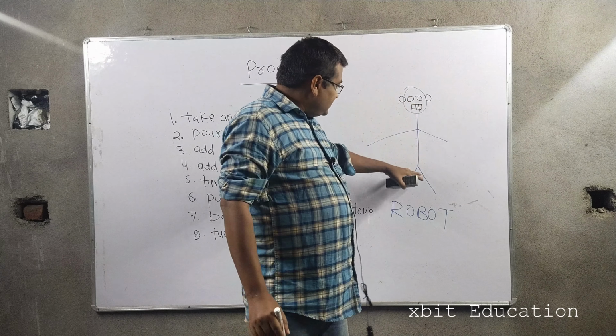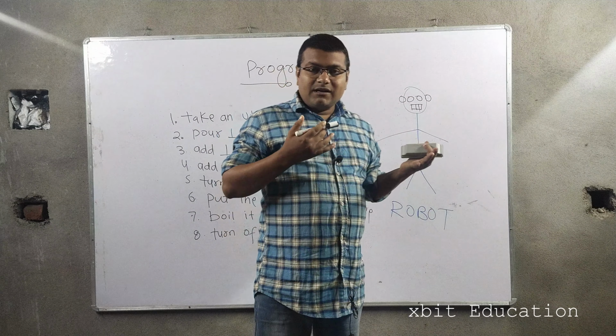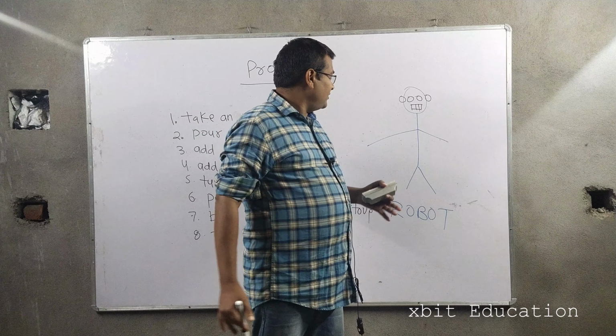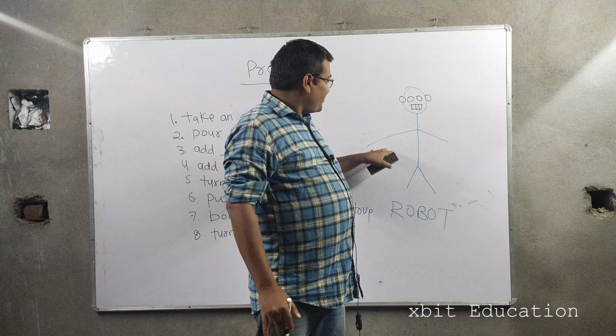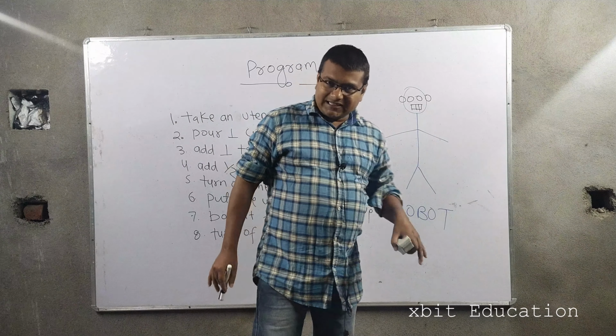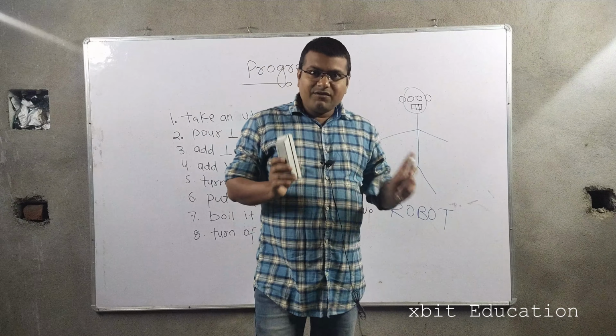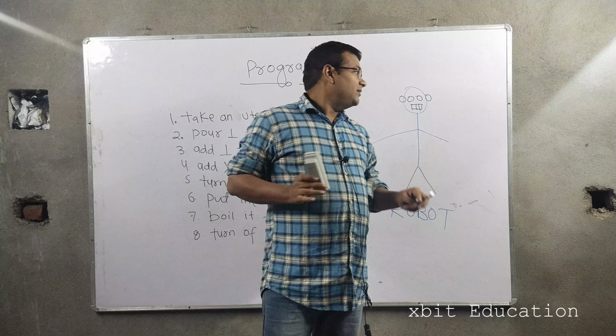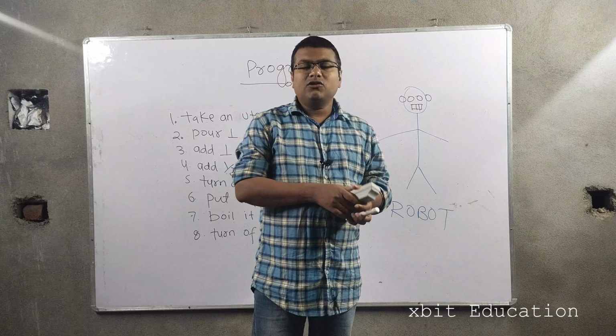And this is a robot which is a computer. There is a CPU inside it, and it has some parts to perform physical operations like hands and legs. For example, we want to make a cup of tea with the help of this robot.